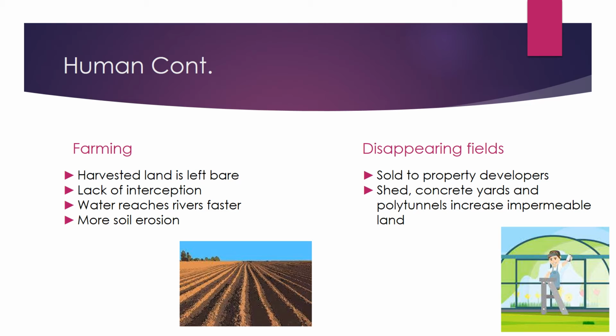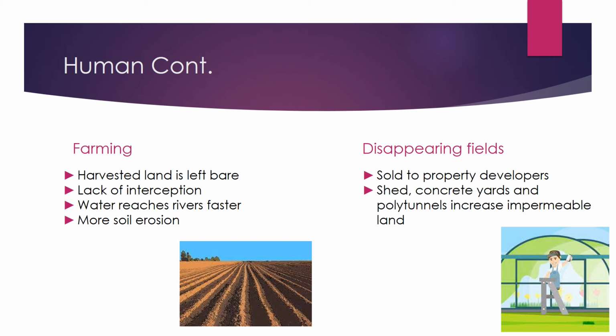So there is nothing to intercept the rainwater. Ploughing also increases the flood risk because it creates channels for water to easily travel along. This increases the speed of the water to the river, as well as increasing soil erosion, and allows the riverbed to fill up.